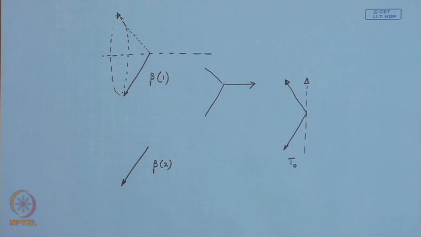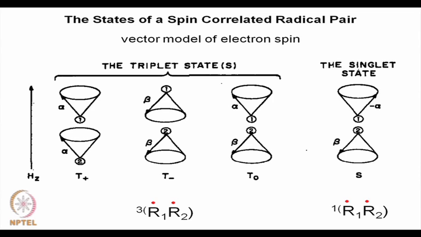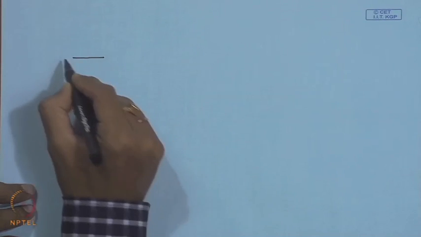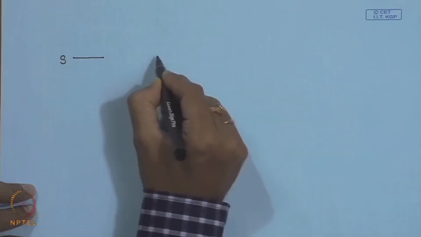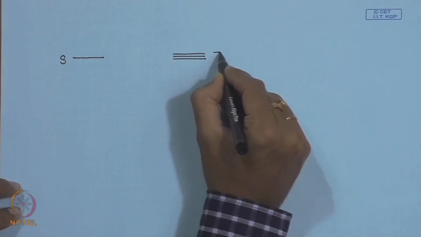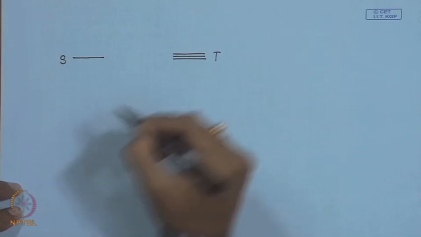In the same way, you can have transition from T plus to T0. So, basically what is happening, energy level wise you have, say, this is your singlet, S, and this is your T. Of course, it has got three levels.